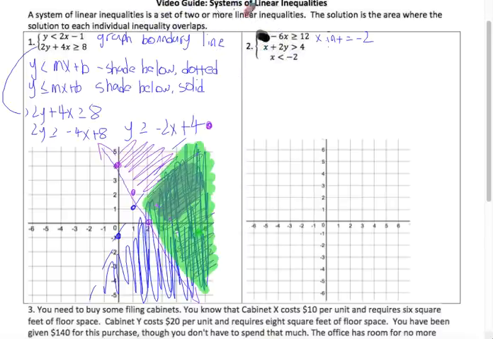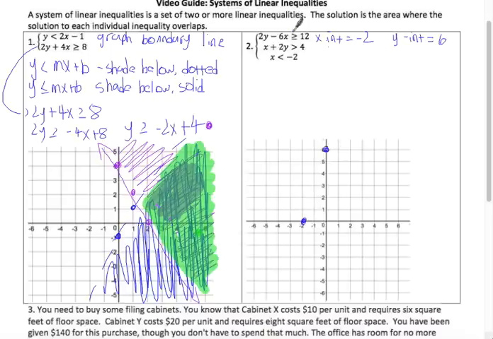Now y is back, and I'm going to make x equal to 0. Then I can see that my y-intercept is +6. That's another way to get my 2 points to graph the line. So my x-intercept is -2, that's here. My y-intercept is +6, that's up here.